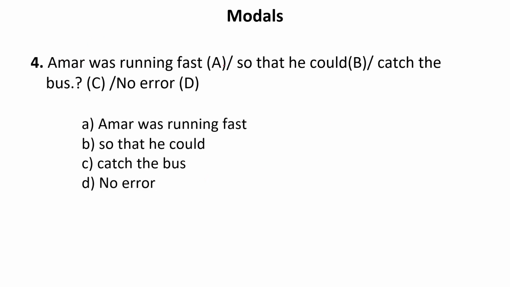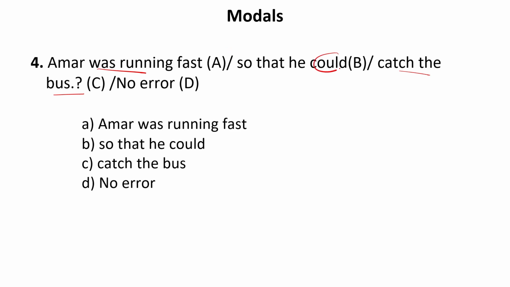Amar was running fast so that he could catch the bus. Now, Amar was running fast just to catch the bus because he wanted to catch the bus necessarily. So in this case, it shows that there was a high possibility that he would catch the bus.